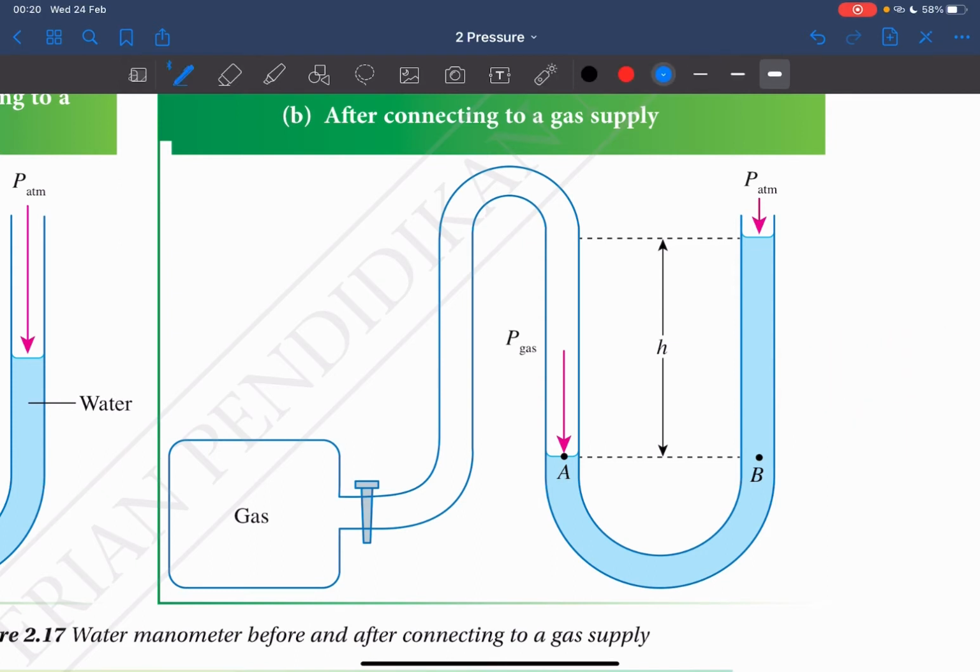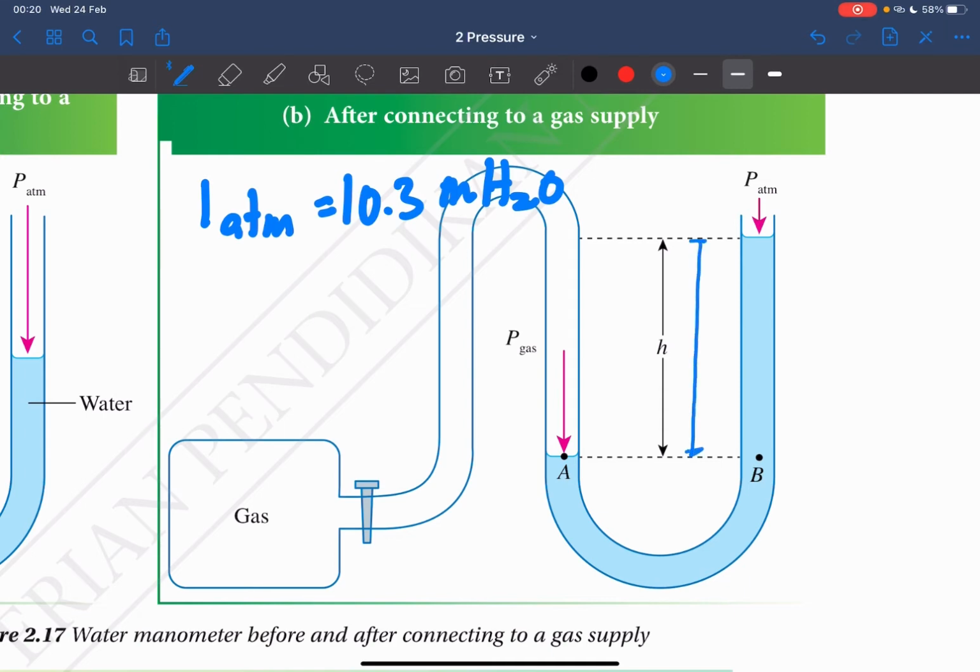So you can change it since 1 atm equals 10.3 m H2O, and you also know that this amount of water is being pushed by the gas. That means the gas exceeds the atm by H, right? So you plus H at the gas pressure.